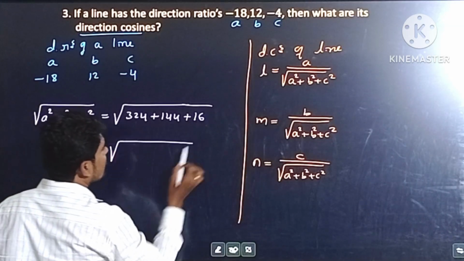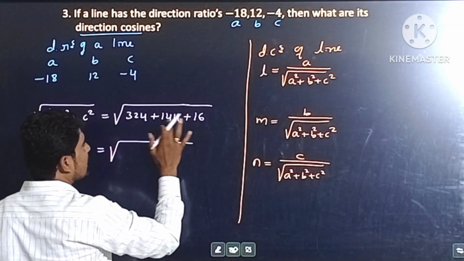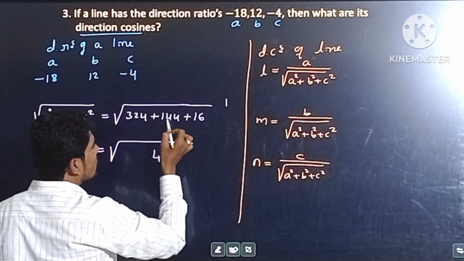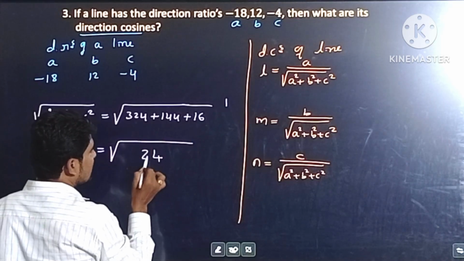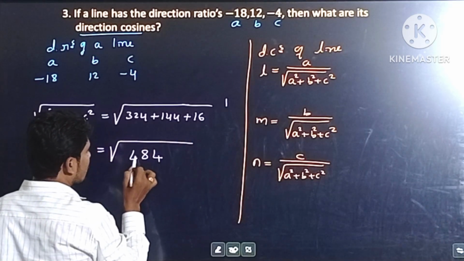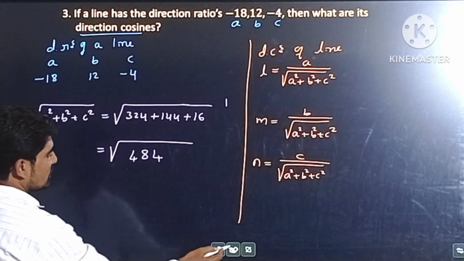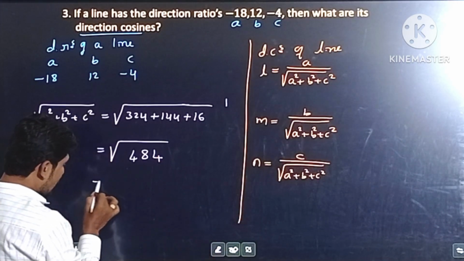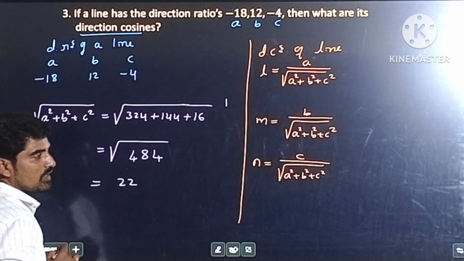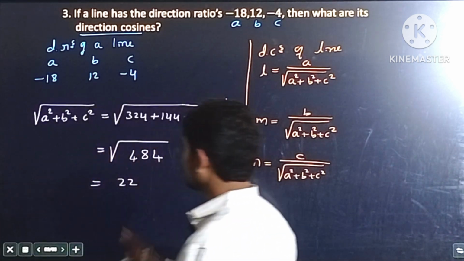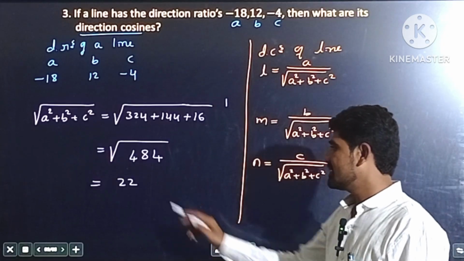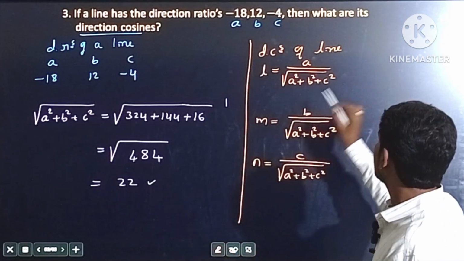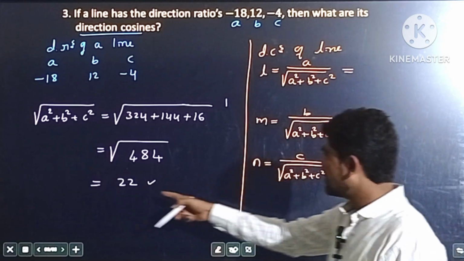Adding these, we get 484. So square root of A square plus B square plus C square is equal to square root of 484, and the value of square root of 484 is 22. Therefore, we got the required value, which is 22.